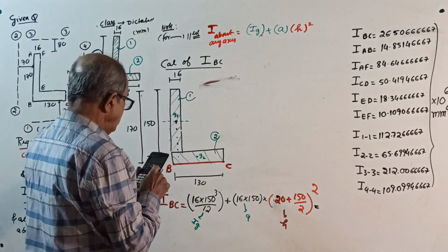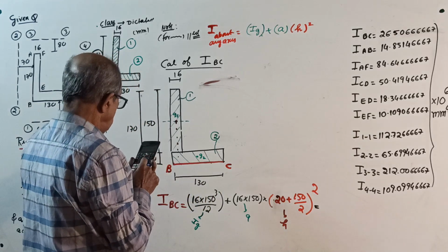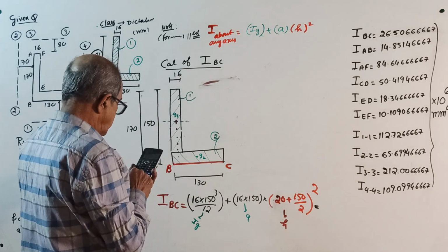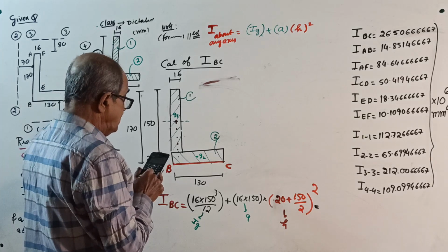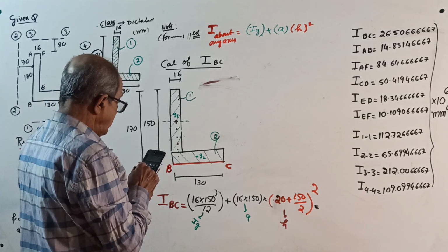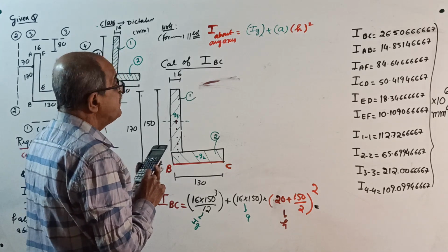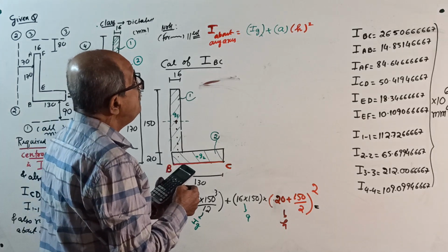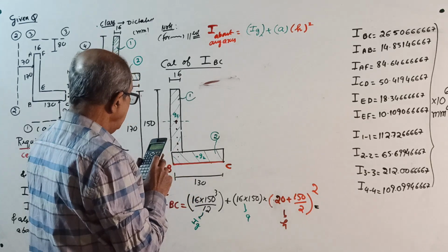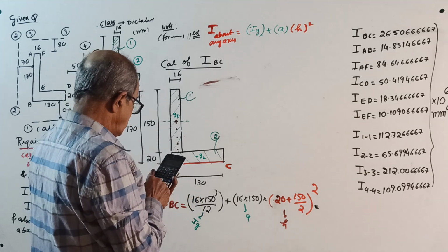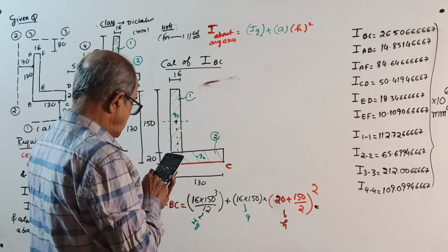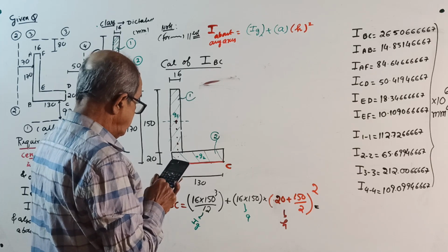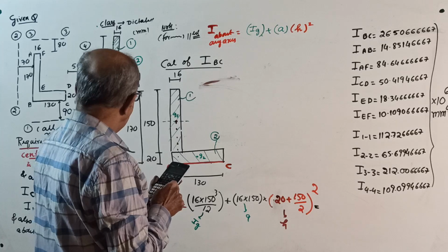People who cannot follow, no problem. 16 into 150 cube divided by 12 plus 16 into 150 into 20 plus 150.